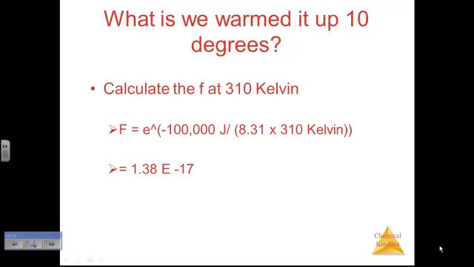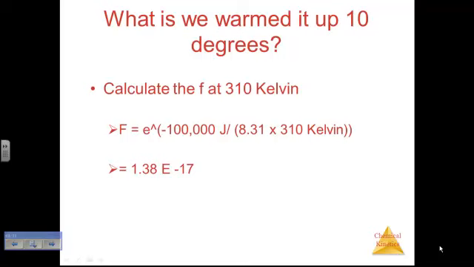Hit it with me. Do not wait until test day to make the calculator your friend. Hit second function ln. On your calculator, you'll see E raised to the open parenthesis. Type in negative 100,000 joules. Divide by parenthesis 8.31 times 310.